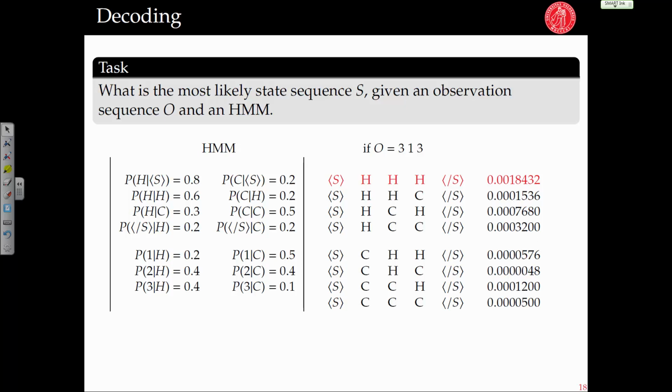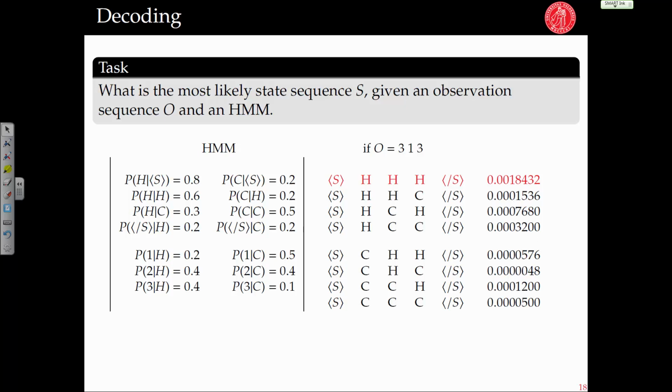Right, but if you're selecting sequences, don't you risk that at each step it always chooses the locally most likely? Yeah. But since we are enumerating all possible sequences, we're not selecting, right? We're just writing out all possible sequences and then computing their probabilities.